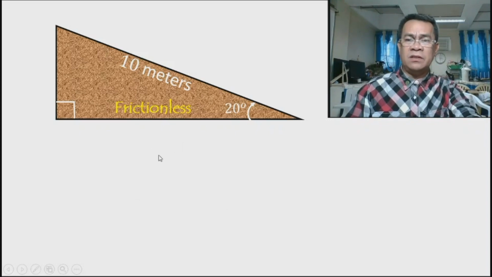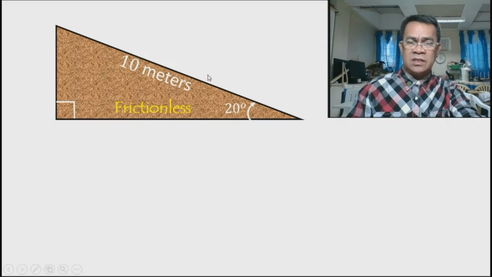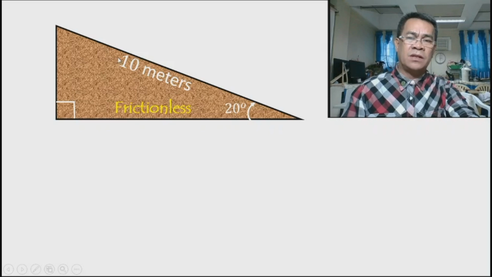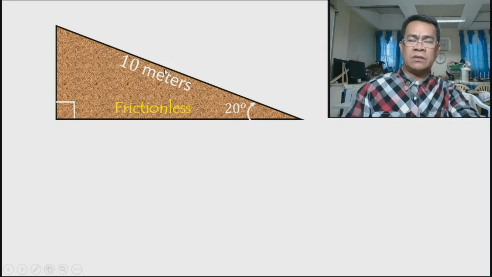Okay, now in order to apply the formula we derived, that the work done by gravity is a negative change in potential energy, consider this plane. This is an inclined surface, inclined at an angle of 20 degrees, whose length is 10 meters, and this is frictionless, which means that there is no friction at the contact if we place an object. The object is 15 kilograms, and this starts from rest and it moves downward.